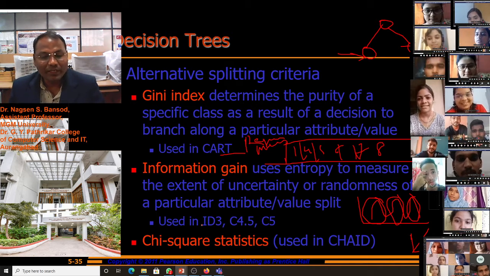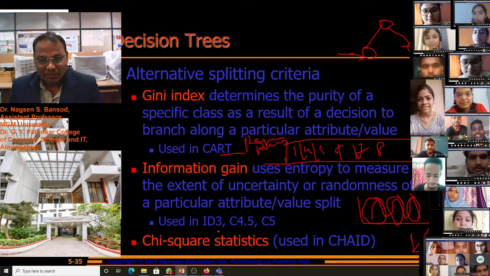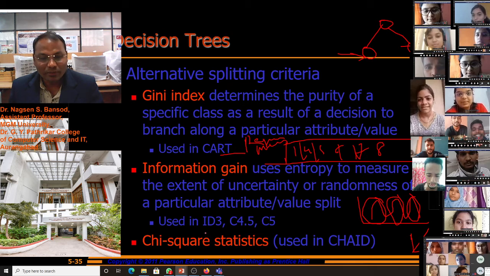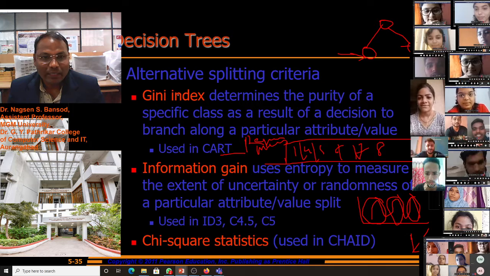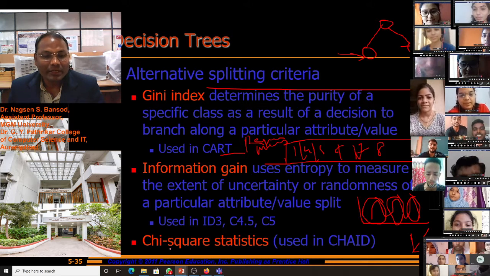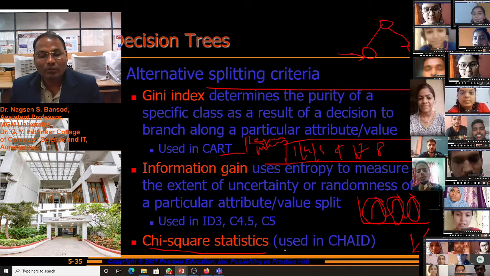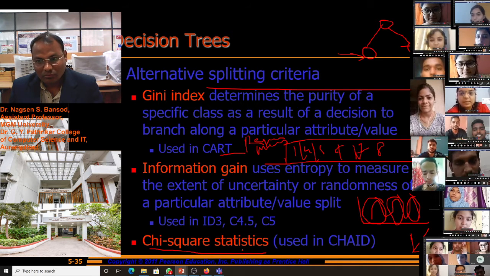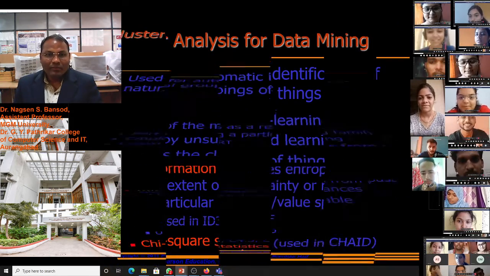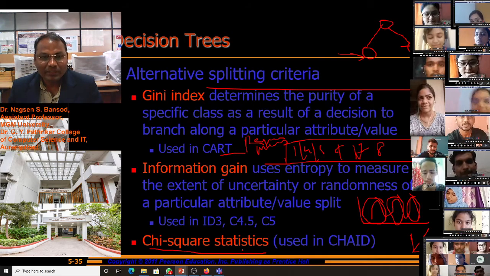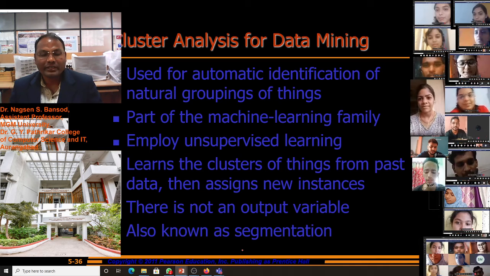Here we can also use the Iterative Dichotomizer 3 or C4.5 algorithm, as well as in decision trees for iterative splitting criteria we can use the chi-square statistic. In this, the QUEST algorithm is used. These are the techniques for classification using decision trees.